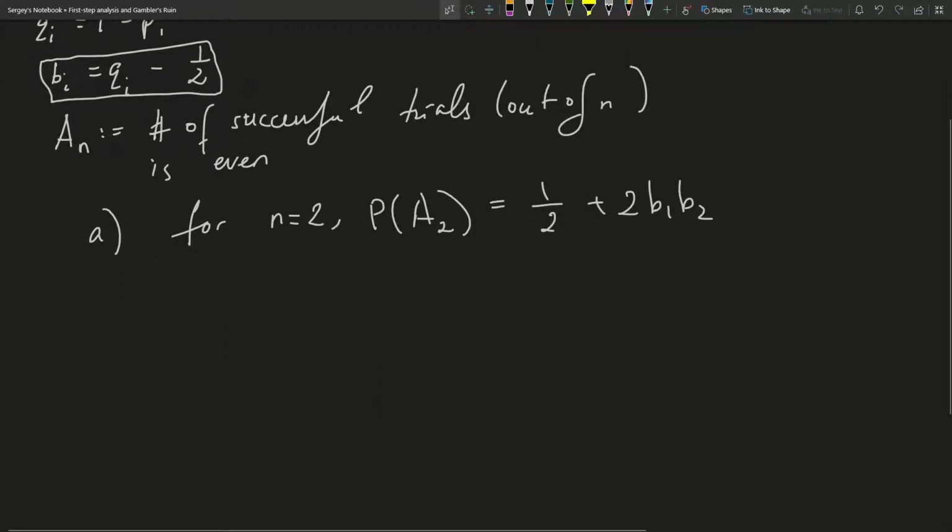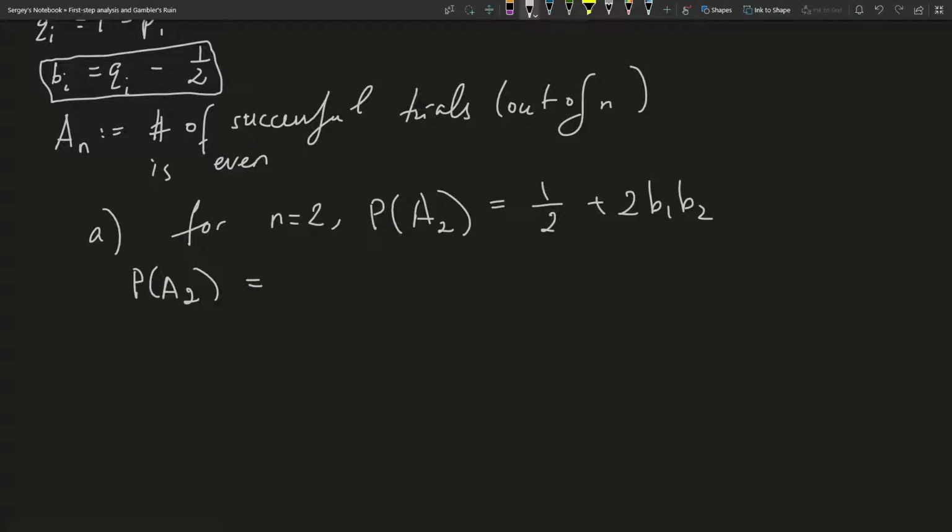To prove this, we're going to first notice that the probability that out of two trials we have an even number of successes can happen in two ways. That can happen either if both trials are successful or if none of the trials is successful, because if only one trial is successful, we're going to have an odd number of successes.